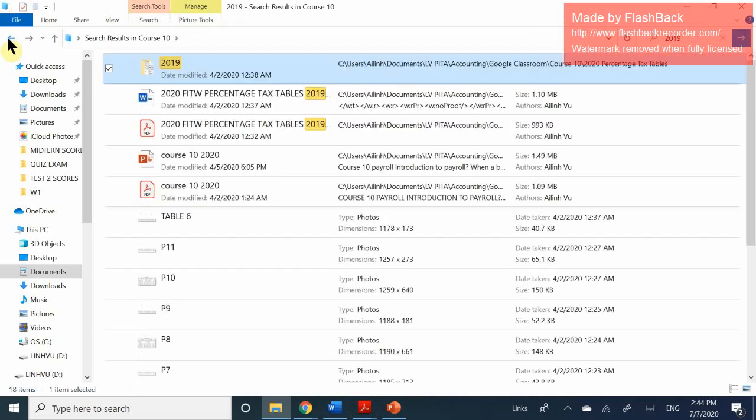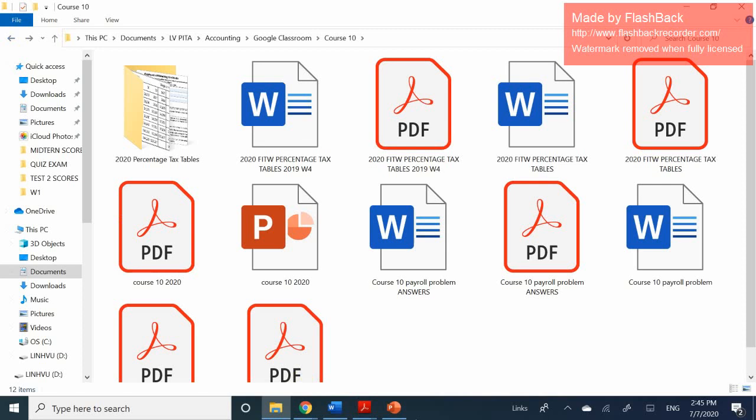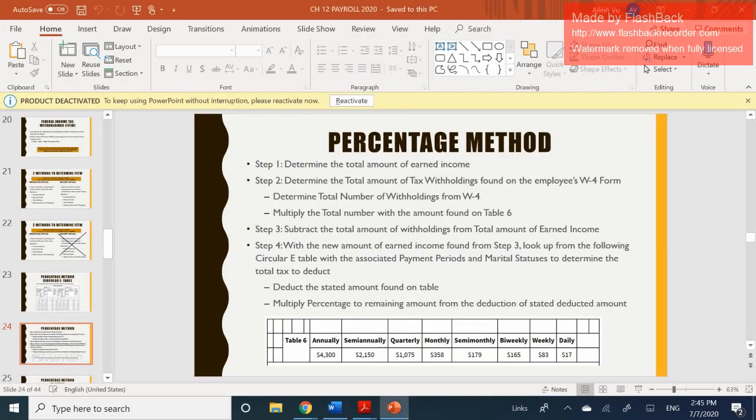I should have it somewhere here, but what happens is the W-4 form has a small little area that shows you how many withholdings you claim. So if you guys filled out the W-4 form in the past, it should be all the same. It hasn't changed until 2020.